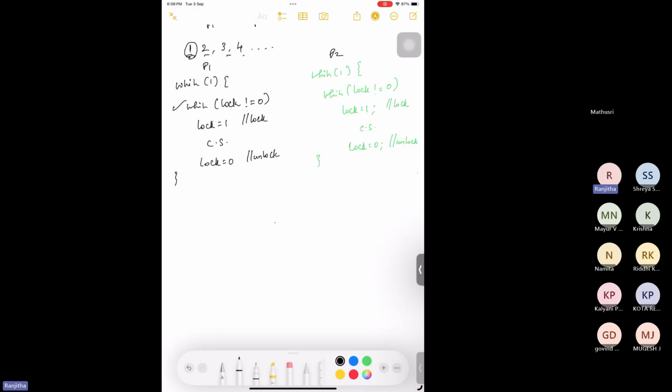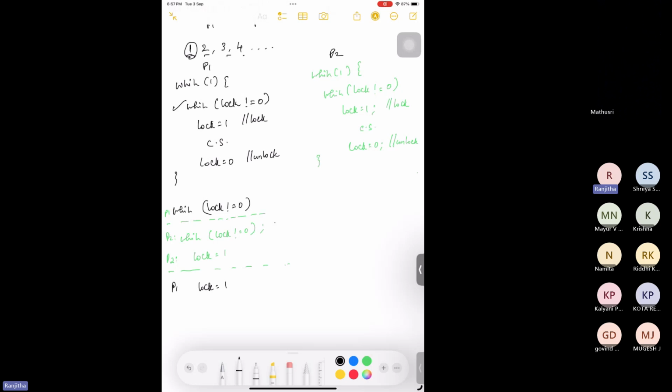In P1, we are at while lock not equal to 0, and then P1 will enter it. Then we have a context switch. So this was P1, this is P2. While lock not equal to 0, P2 will make lock equal to 1. Now P1 will make lock equal to 1 and both of them can enter the critical section, right?